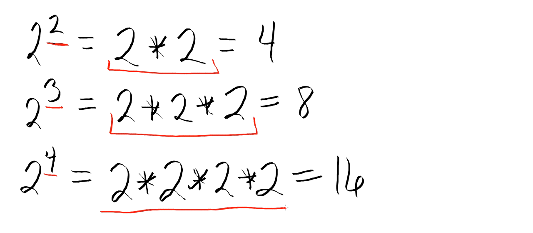Here my exponents have all been positive whole numbers, bigger than 1. So when I had positive whole numbers bigger than 1, it meant to multiply out my base that many times.